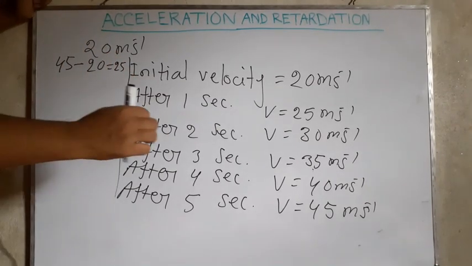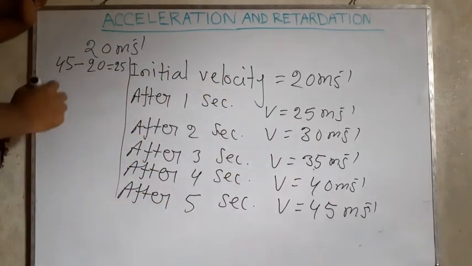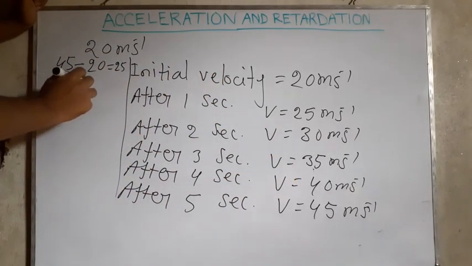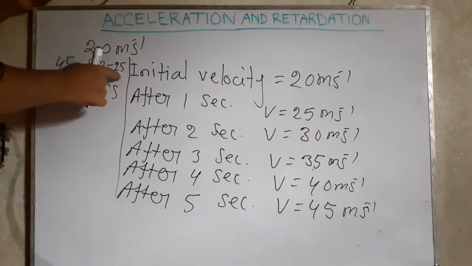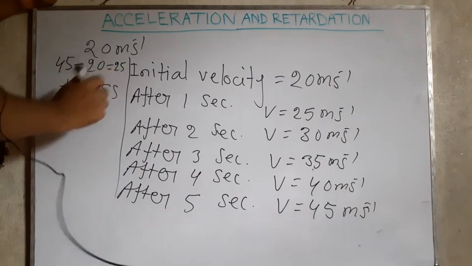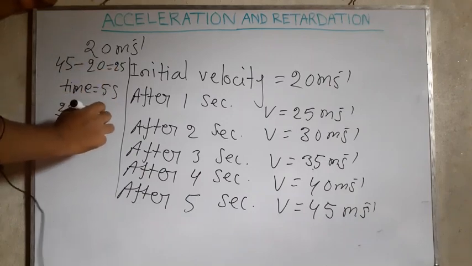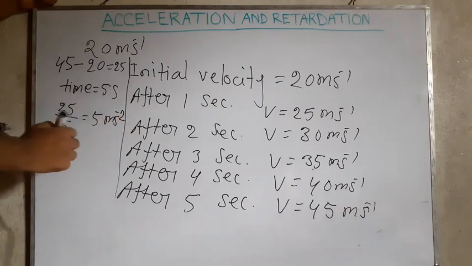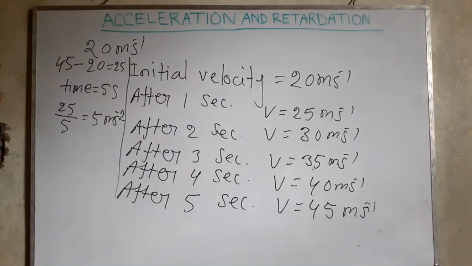And the time for this change in velocity was 5 seconds. In 5 seconds the change in velocity is 25, so in 1 second, 25 divided by 5 is equal to 5 meter per second square. This is the acceleration in this case.